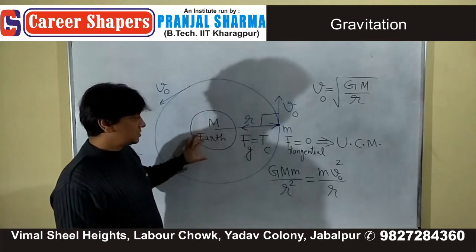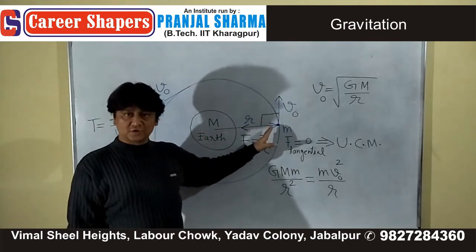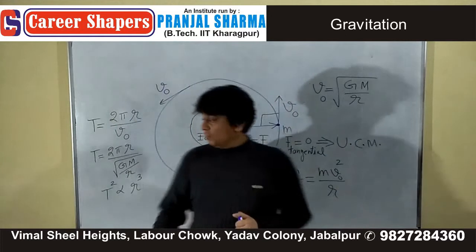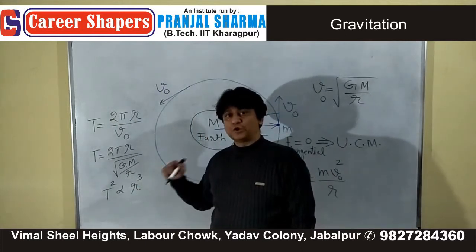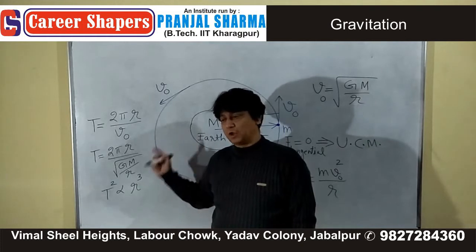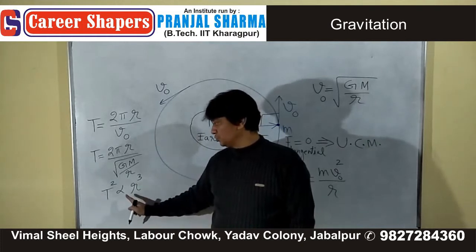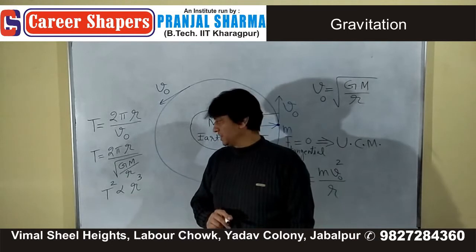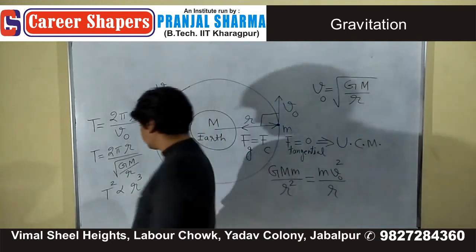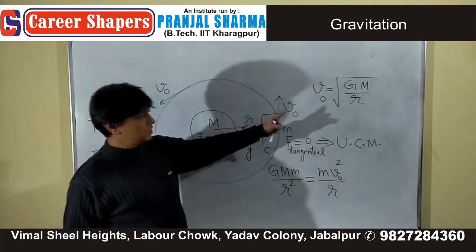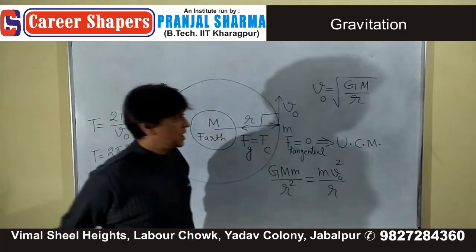If you say this is Earth, they all are satellites of Earth. For a given body around which all the other satellites are revolving, you must use this formula, which is T square proportional to r cube. Now, this is your orbital velocity, this is your time.